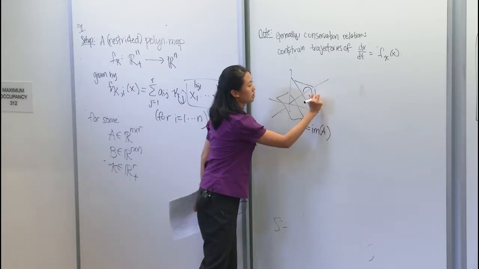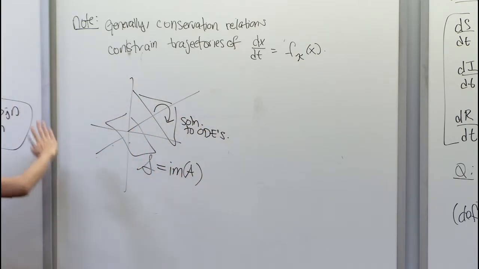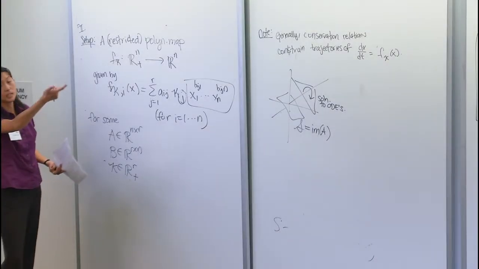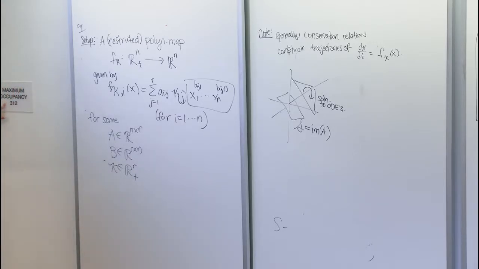So the solutions to the ODEs will be in a translation of this subspace S. In general, this might happen because maybe the systems are constrained in such a way that the total amount of people infected, susceptible and resistant are constrained to be summing up to something. Maybe the number of people that are allowed at this conference is always some fixed number, and sometimes it's reflected in the ODEs.